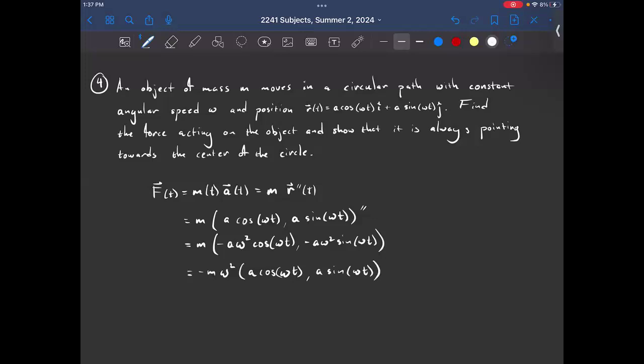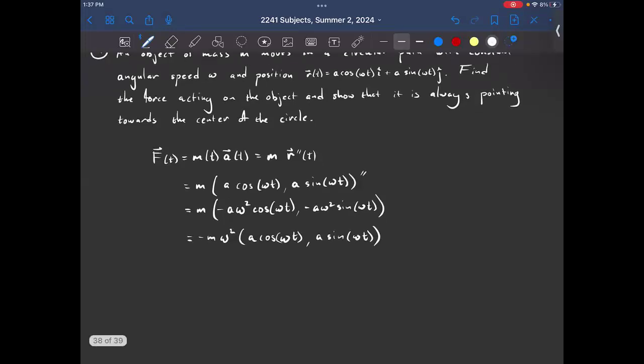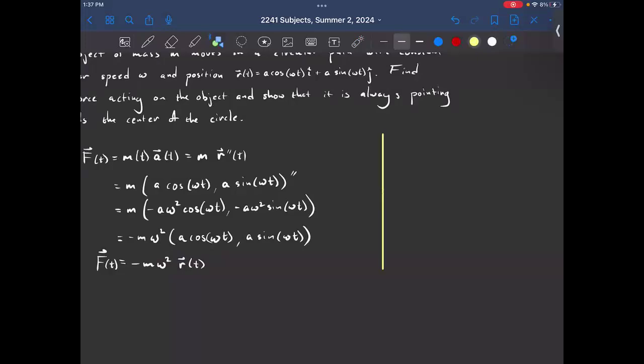All right. And then what's special about this? Well, this was the thing that we just took two derivatives of. So we actually have that F as a function of t is equal to minus m omega squared r of t. And if we ignore the m omega squared for a second, note that there's a minus in front of this. So we have that F is in the opposite direction to the vector r. Well, my vector r is always pointing out from the origin. So I draw a coordinate system here, and then I draw a vector in.